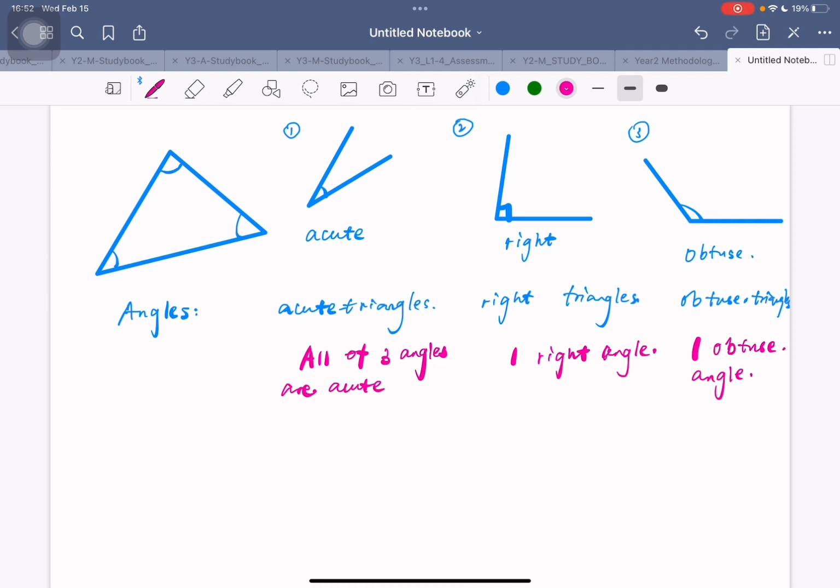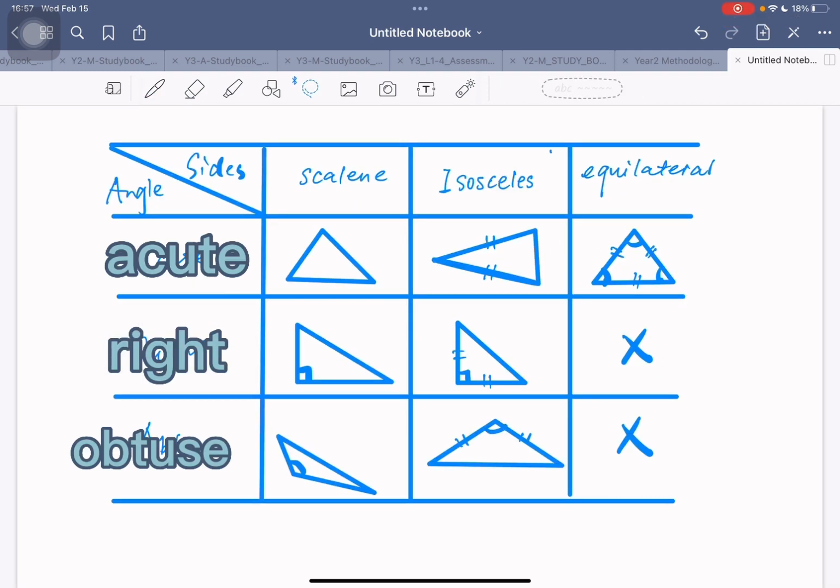But also, we can combine them together. When we combine the two different aspects together, we would have different kinds of triangles. So in this table, I have marked all different kinds of triangles you can meet in your tests or examinations. Let's take a look at this table.